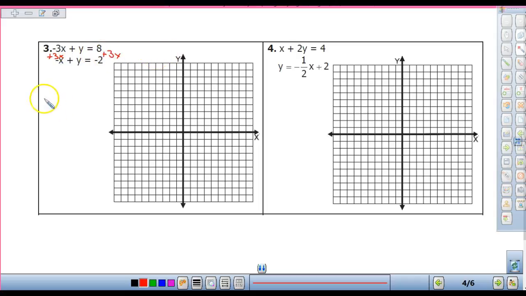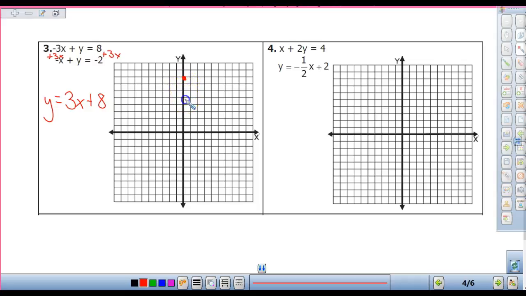So my top equation is y equals 3x plus 8. So my starting point is 8. And I do what? Up 3 over 1, and if I don't have any room, I can go down 3 and to the left 1.